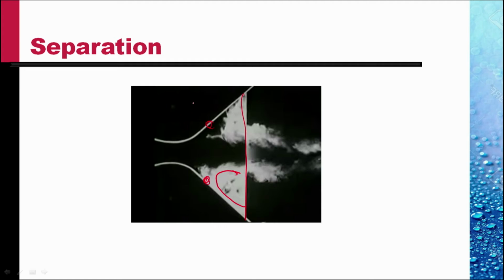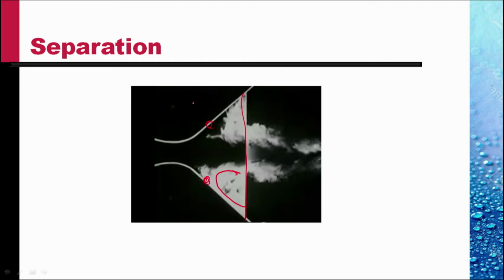at these locations. The passage is diverging, area is increasing, velocity is decreasing, pressure is increasing: adverse pressure gradient. Presence of wall, boundary layer is developing. So, the boundary layer separates in the presence of adverse pressure gradient.